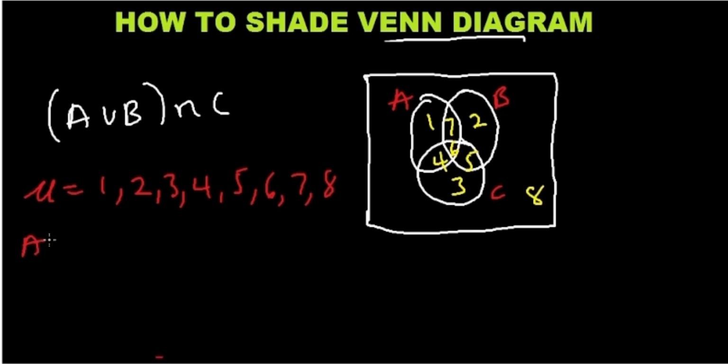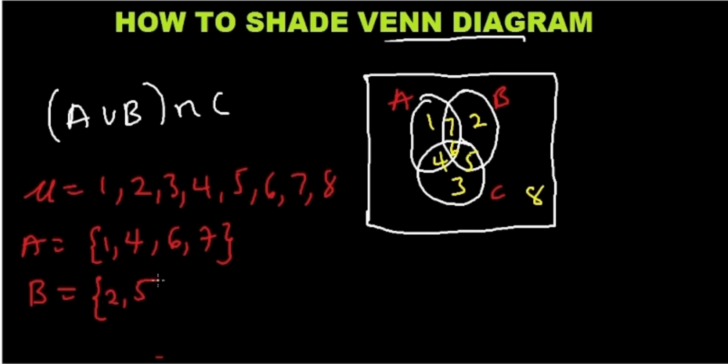So my A here is 1, all the things that pertain to A: 1, 4, 6, 7. Then my B here is, where is it? 2, 5, 6, 7.